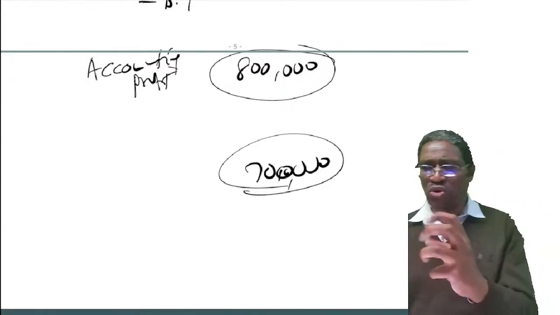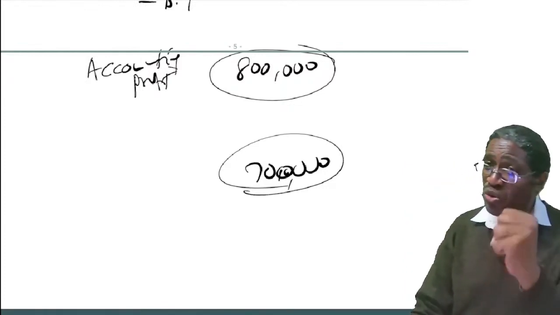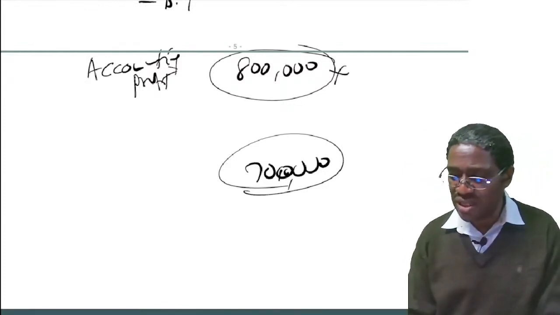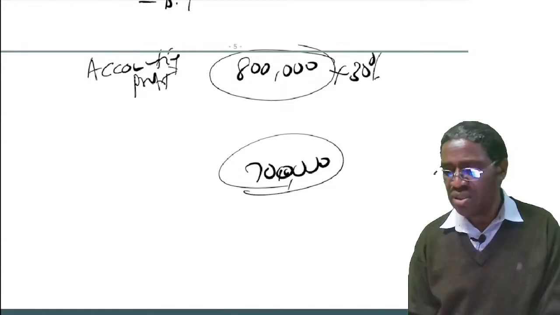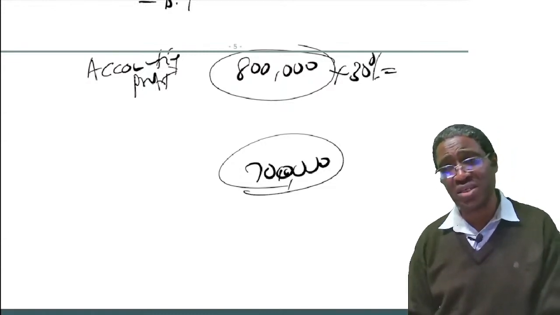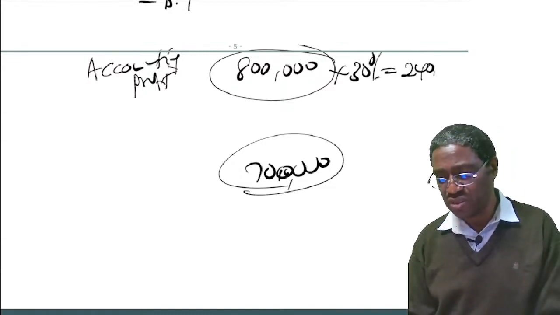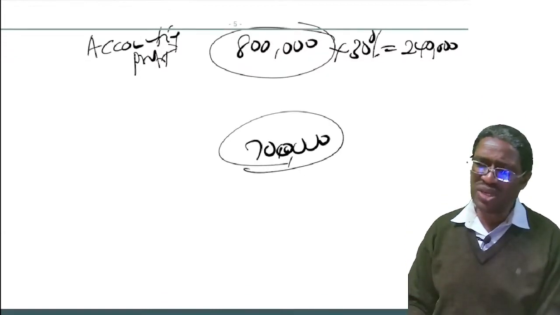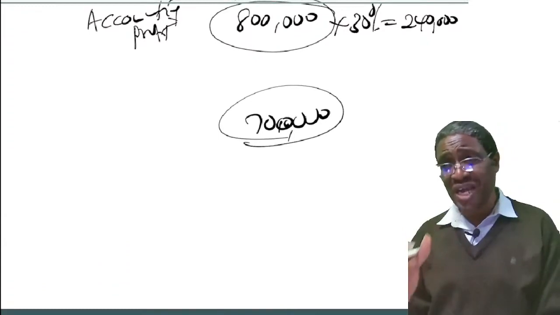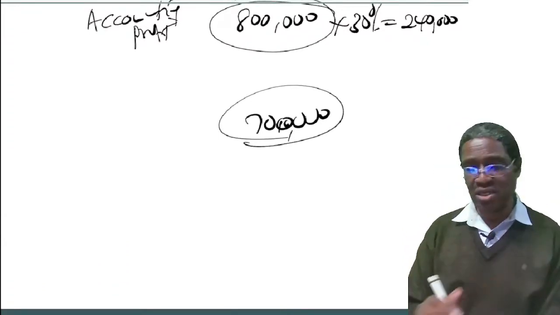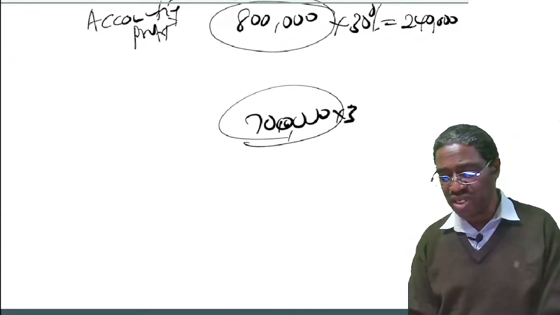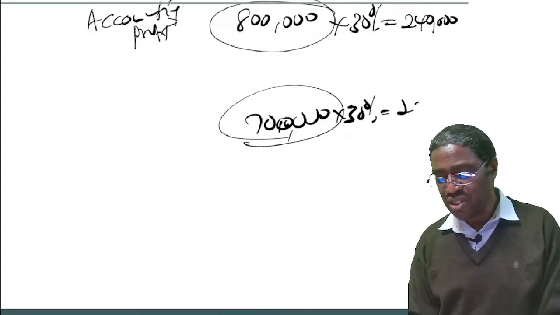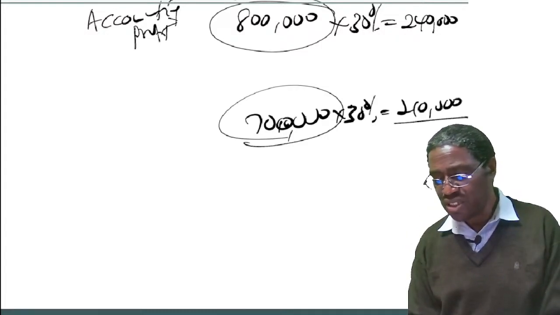So while you thought you would pay tax on 800, maybe at 30%, 30% of 800 is 240. But for tax purposes, the taxman told you you're not going to pay tax this year on 800, you're going to pay tax on 700. At 30%, that will come to 210. There's a difference of 30.